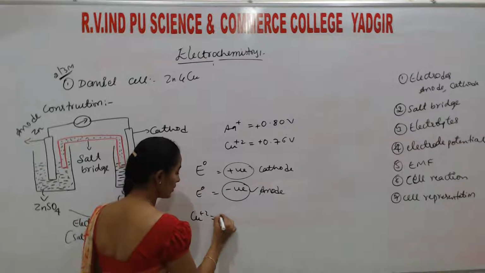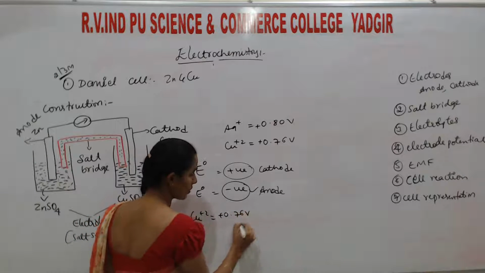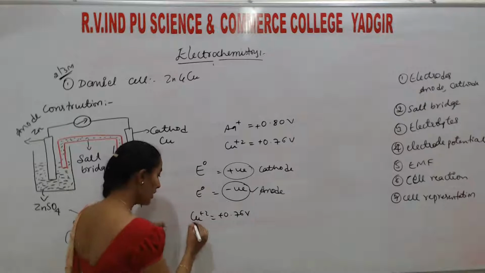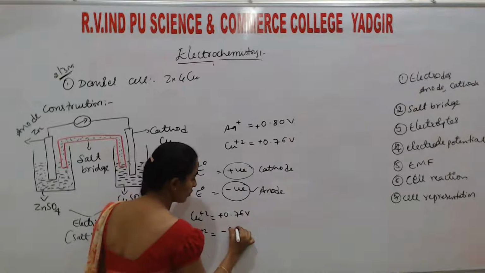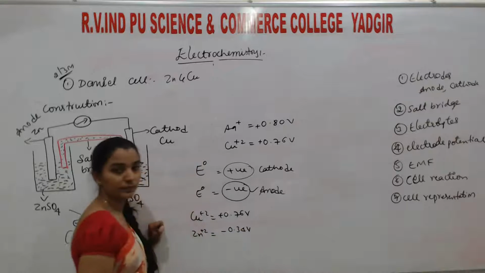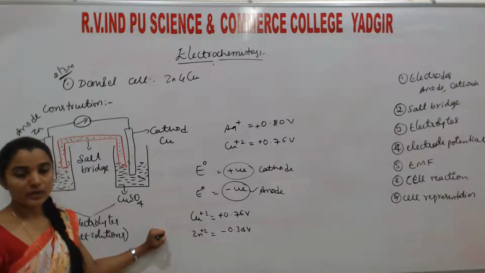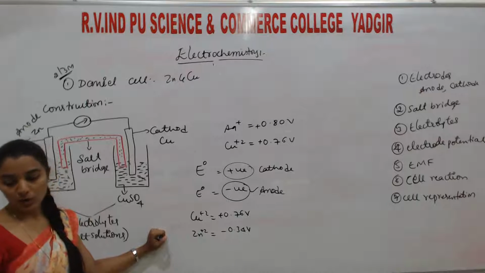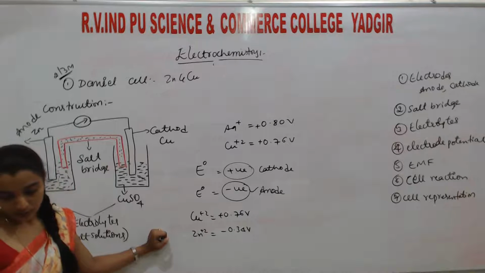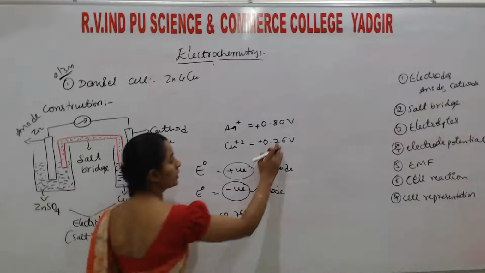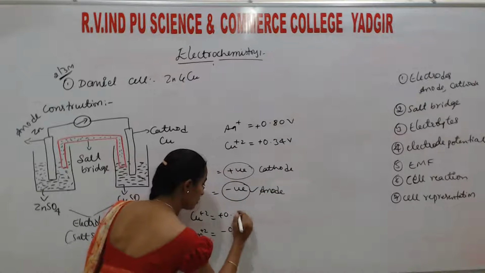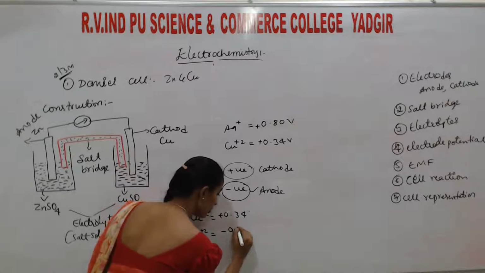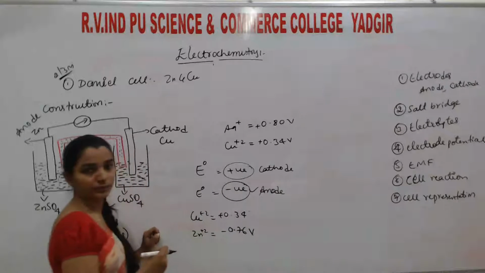Copper plus 2, its value is plus 0.34 volt. Zinc plus 2 value is minus 0.76 volt.